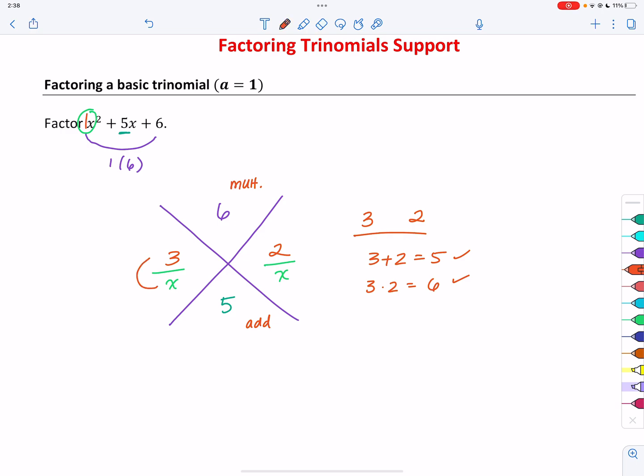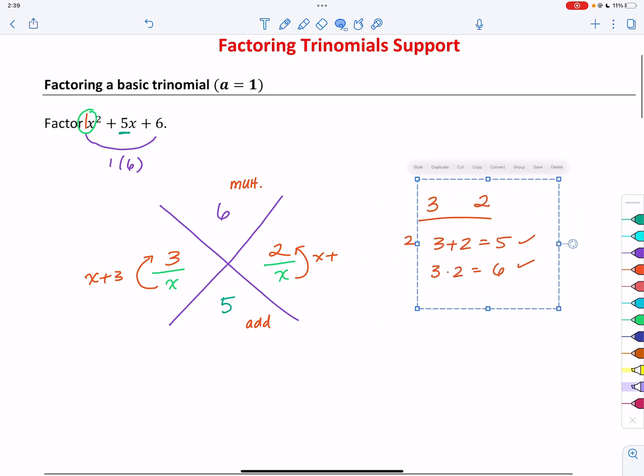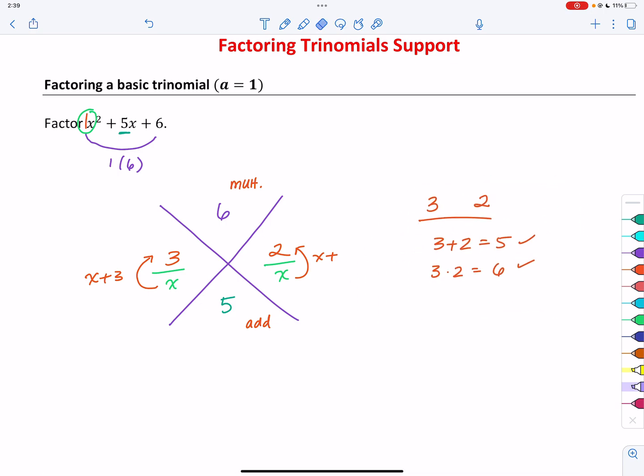Make sure that it is reduced to its lowest form of a fraction, and there you have it. We have x plus 3, and we have an x plus 2. So that makes it pretty nice.